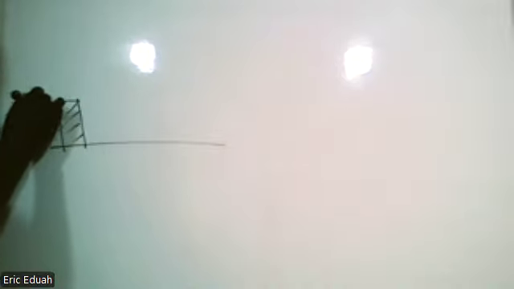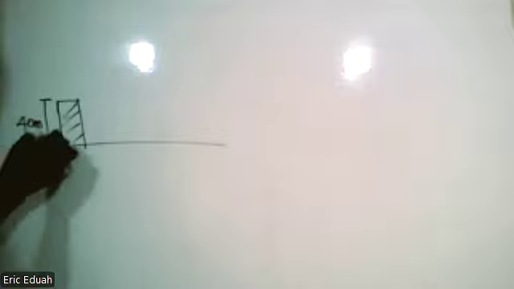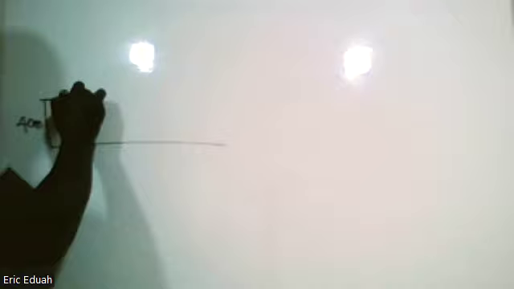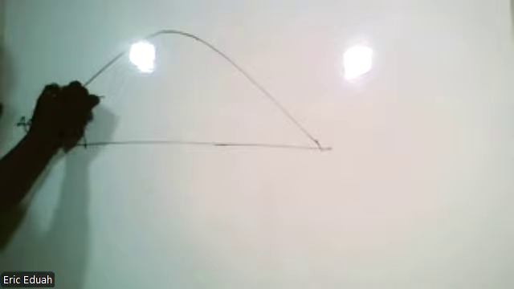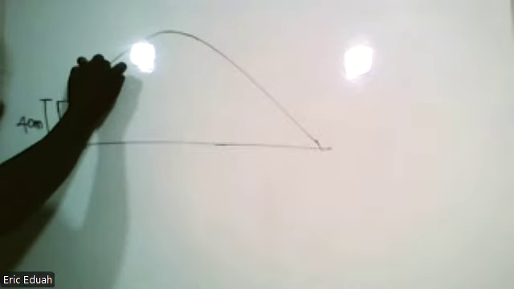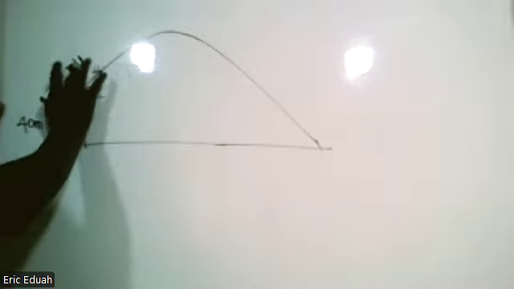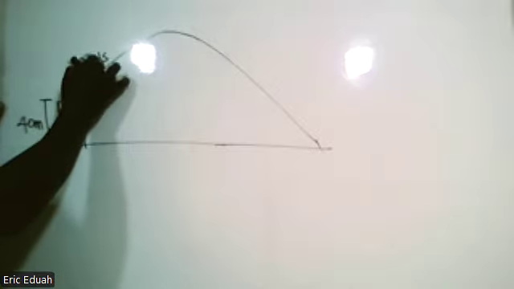So this tower, the height of the tower is 40 meters. Now the projectile is fired at an angle theta up to the maximum height and drops to the ground. The angle of projection is theta. The velocity of projection is 80 meters per second.